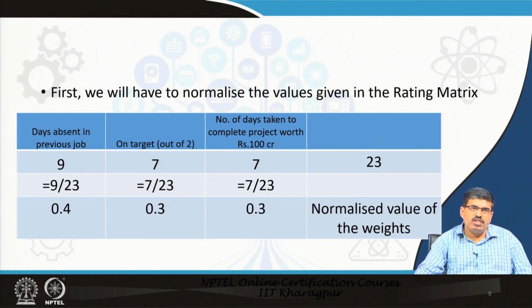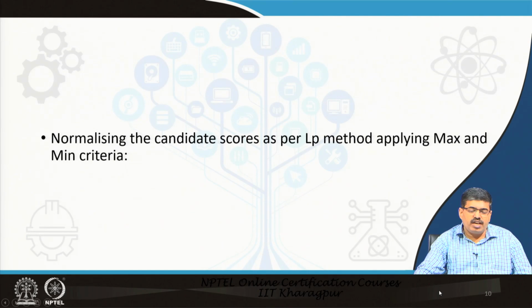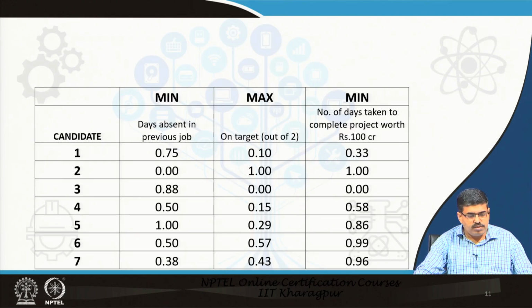After this, what will happen? Normalize the candidate scores as per LP method, applying max and min criteria, just like we did in the previous lecture.